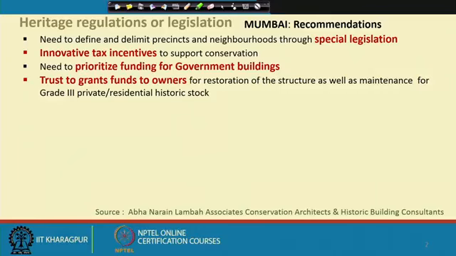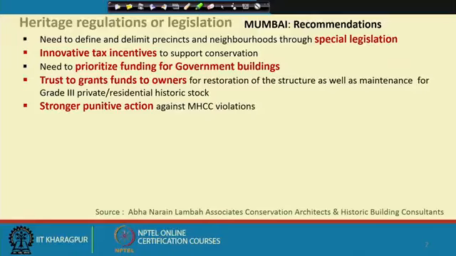So, a trust to grant funds to owners for restoration as well as maintenance for grade 3 private residential historic stock. This is absolutely important, and some sort of fund needs to be formed which can give private owners either long term loans or grants; some funding instrument has to be formulated.